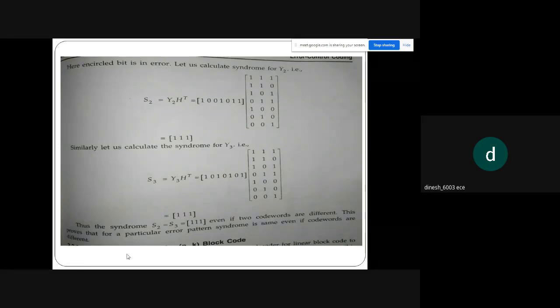Now see for S3. S2 you had said is in the first row. Now see the same for S3 also.